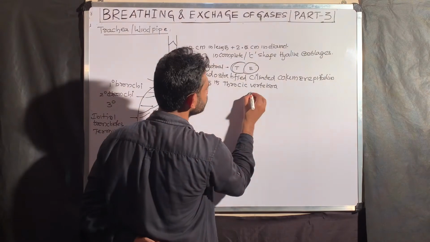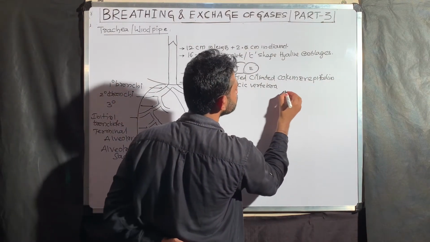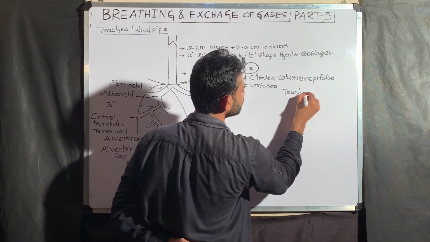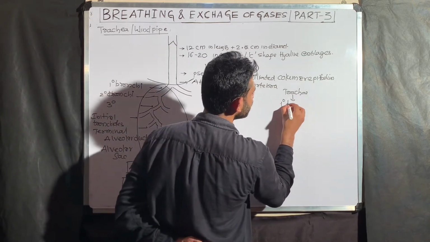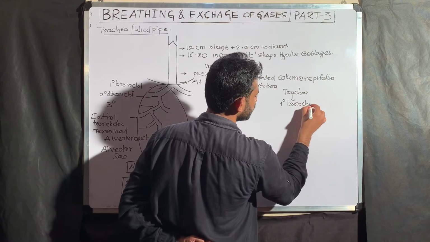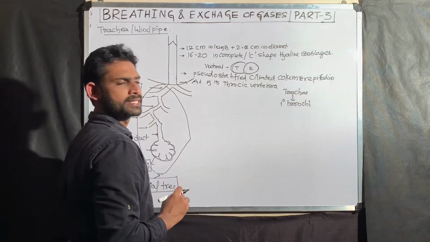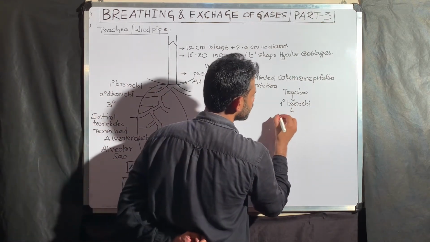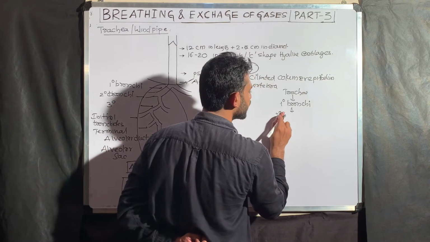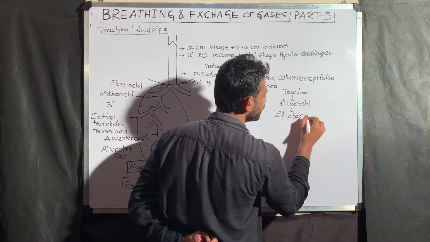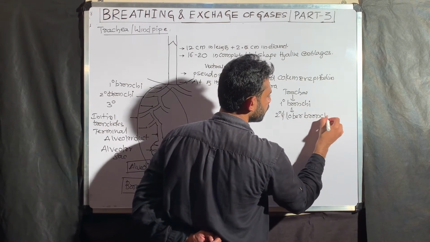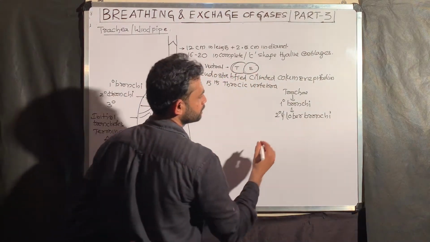Here, it starts with the trachea. This trachea first divides into primary bronchi at the 5th thoracic vertebra. Then it divides into secondary bronchi, also called lobar bronchi, for the lobes.